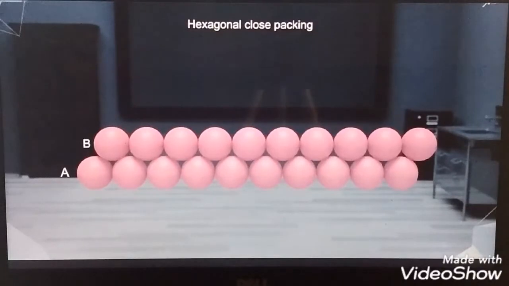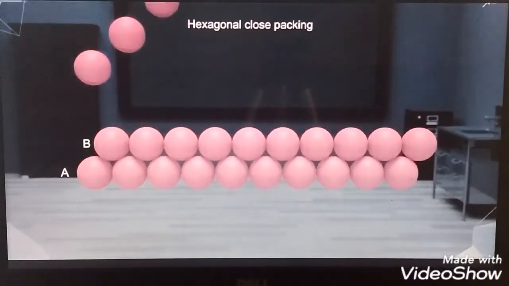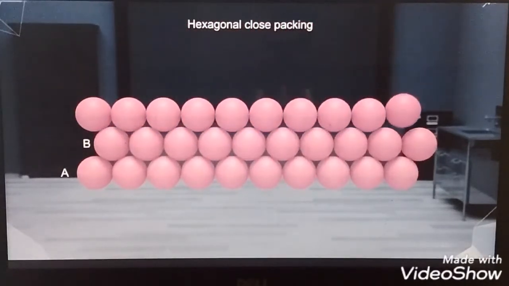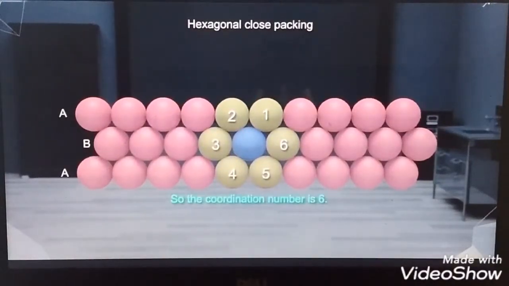Now, if we place a third row above the second row in a similar manner, we will observe that the third row spheres are aligned with those of the first layer, and each sphere is in contact with 6 other spheres. So, the coordination number is 6.